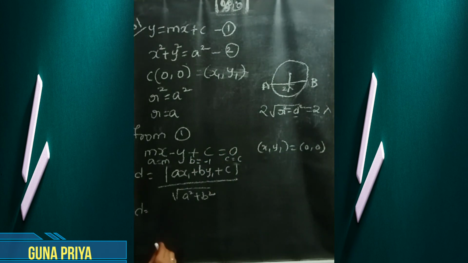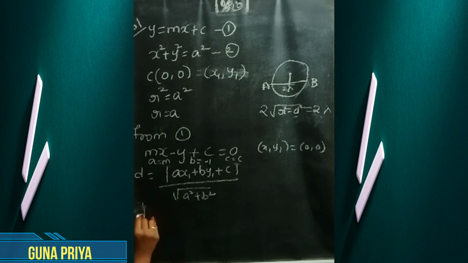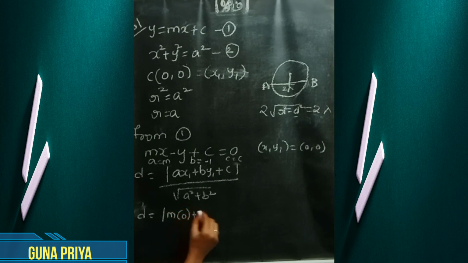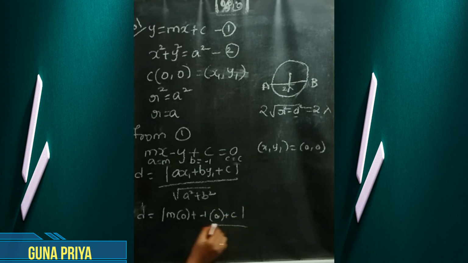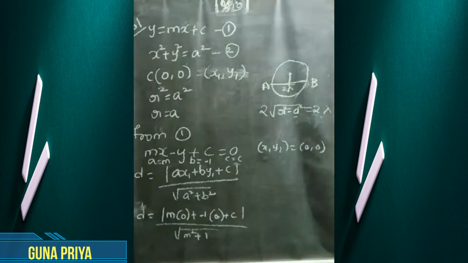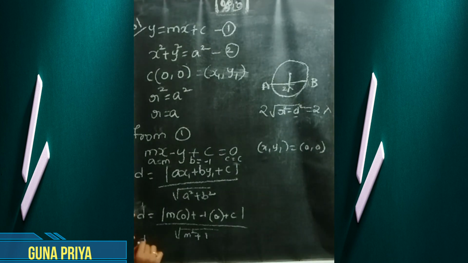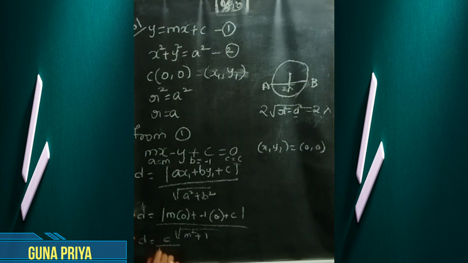Next, substitute here. d equals (m into 0 plus minus 1 into 0 plus c) by root of m squared plus minus 1 whole squared, which becomes 1. That means d equals c by root of m squared plus 1.